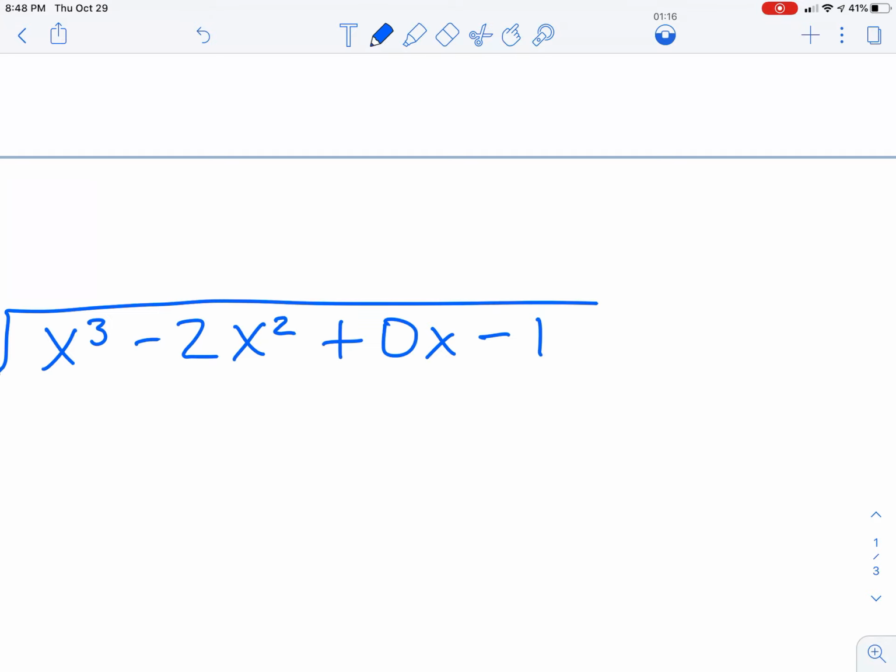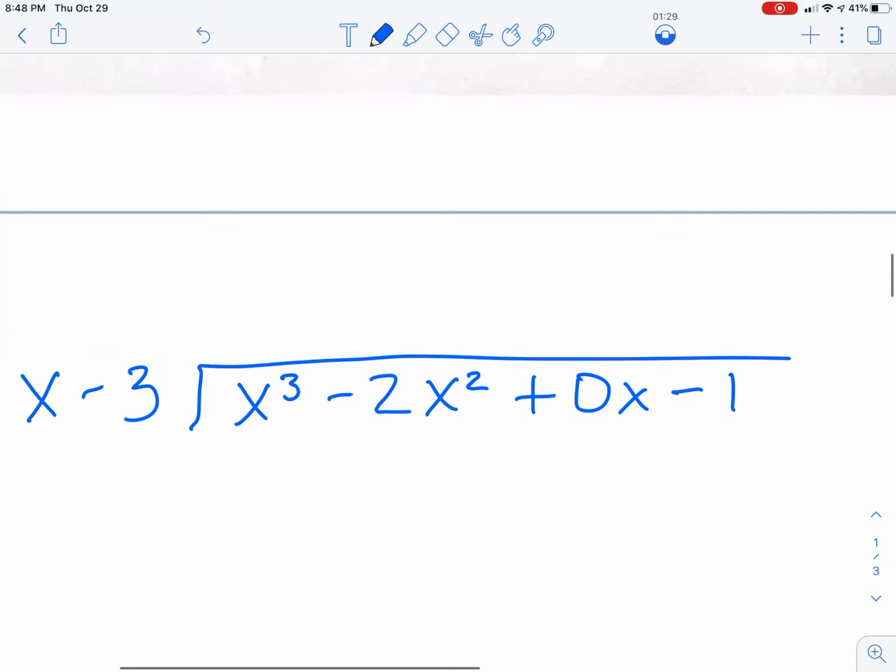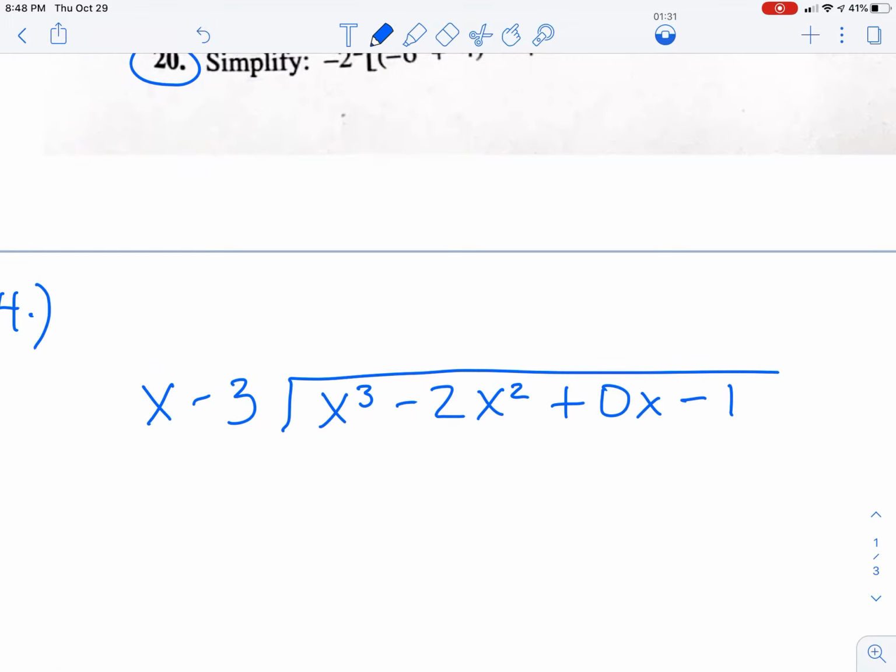But since there's no value for it, we're going to put 0x in there, because 0 times x is 0, right? So I'm not really changing the value of what I have here, but I need to have the x term in there, because when you do the division of this problem, this divisor of x minus 3, I need to have all my x terms in there with all the exponents in descending order.